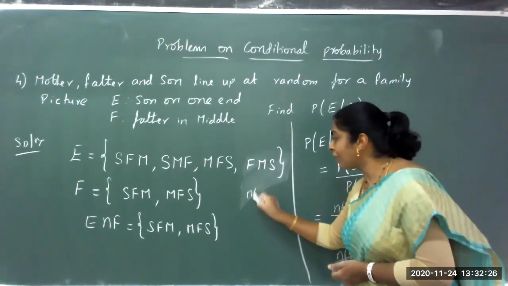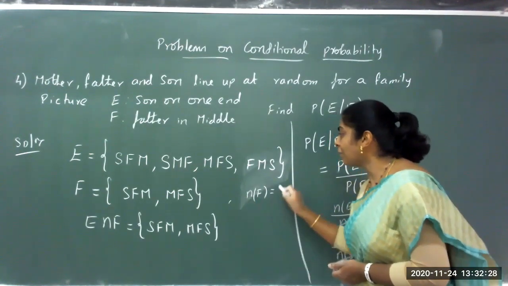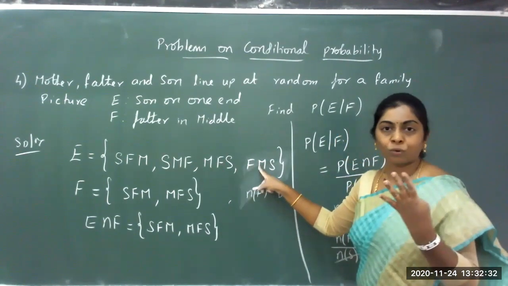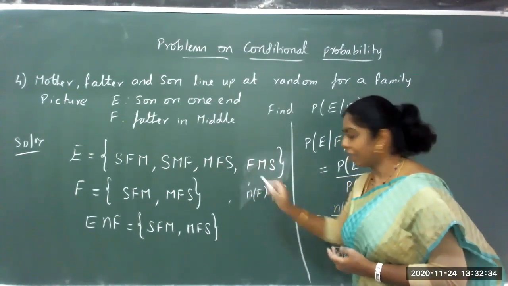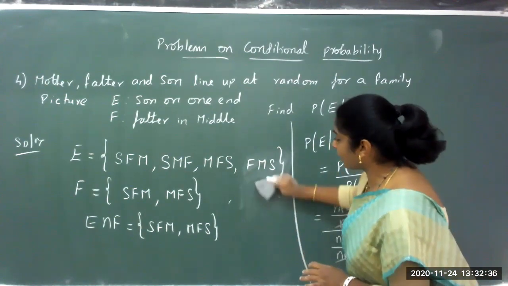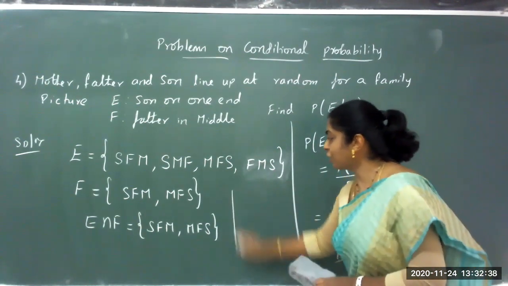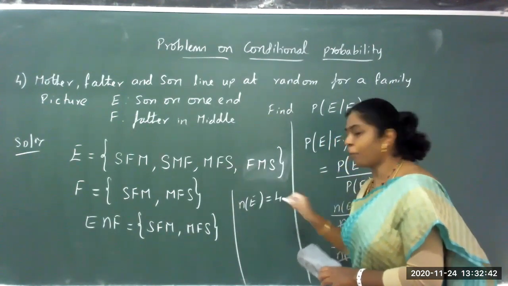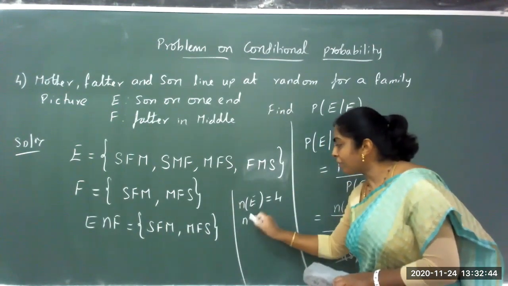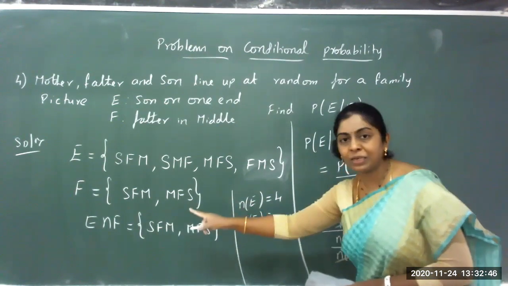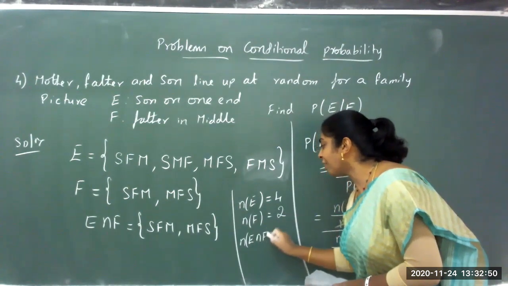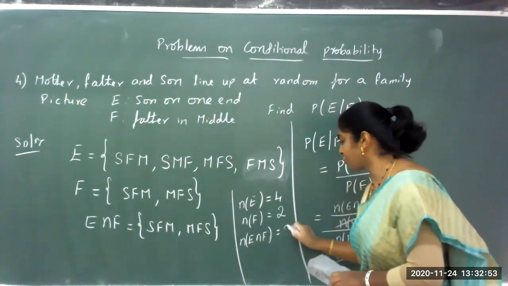What is the number of elements in F here? The number of elements in F is 2. The number of elements in E is 4, as there are four possible cases. The number of elements in E intersection F is again 2.